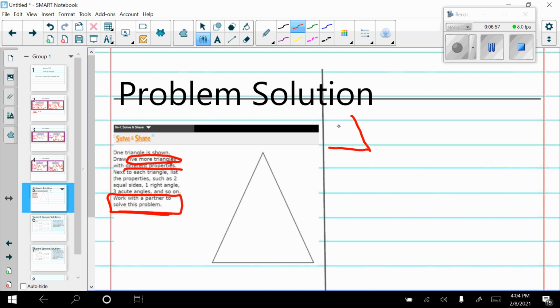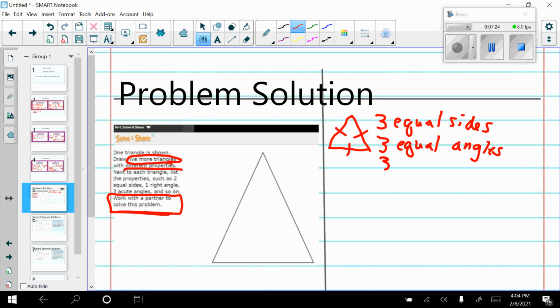I'm going to draw a triangle that has 3 congruent sides and 3 congruent angles. So it is going to be 3 equal sides, 3 equal angles, 3 acute angles.